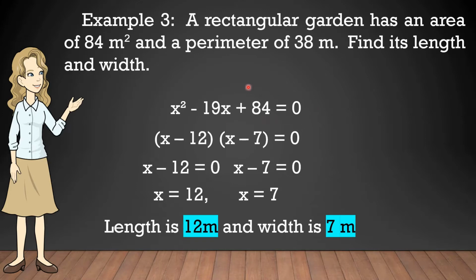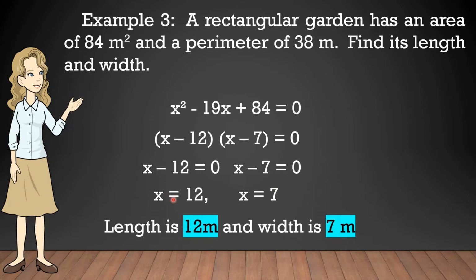Then let us factor this. The factors are x minus 12 times the quantity x minus 7 is equal to 0, because when we multiply this, the result is x squared minus 19x plus 84 is equal to 0. Then let us write the zero product property. So we have x minus 12 is equal to 0 and x minus 7 is equal to 0.